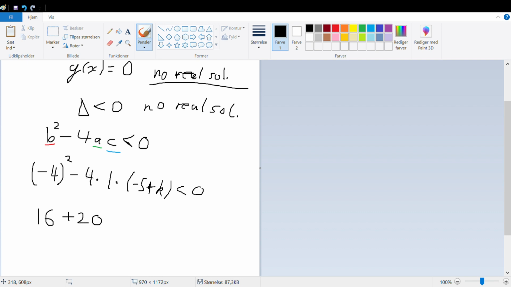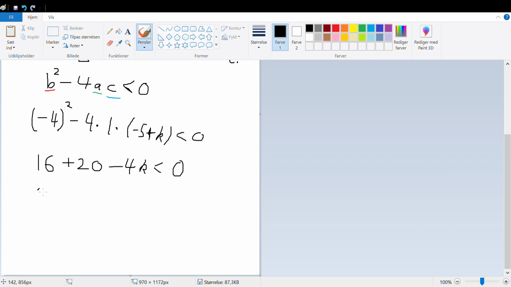But we also need to remember the minus 4 times the k, so that gives us minus 4k. So that should be 36 minus 4k, and then that should be less than 0. Okay, let's move this 4k to the other side so that we have 36 less than 4k.